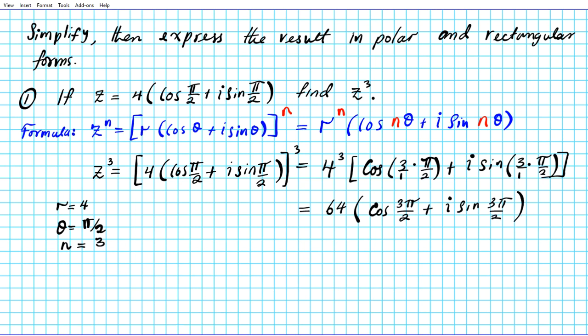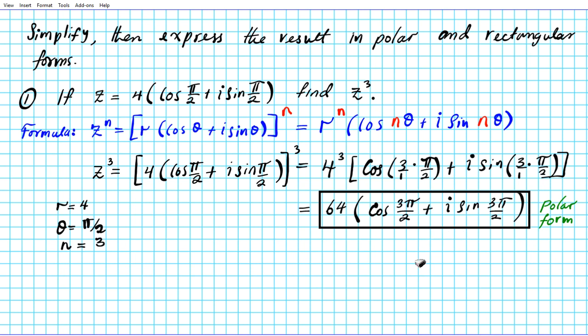And that, ladies and gentlemen, is the answer, z to the third power expressed in polar form. Okay, so this is the polar form, the form that clearly explicitly states what r and theta are.